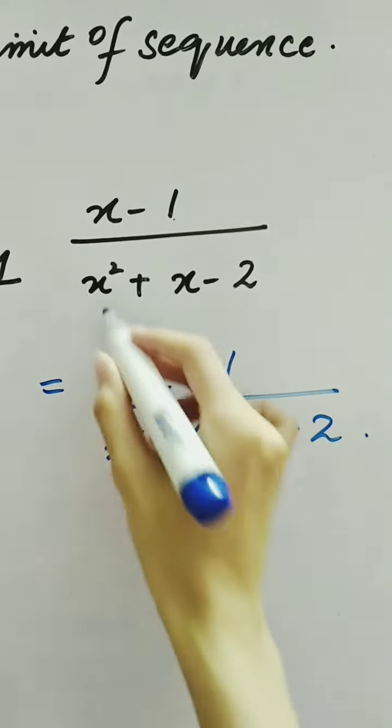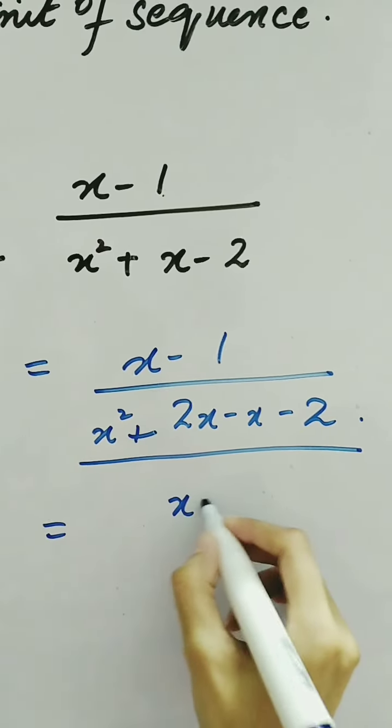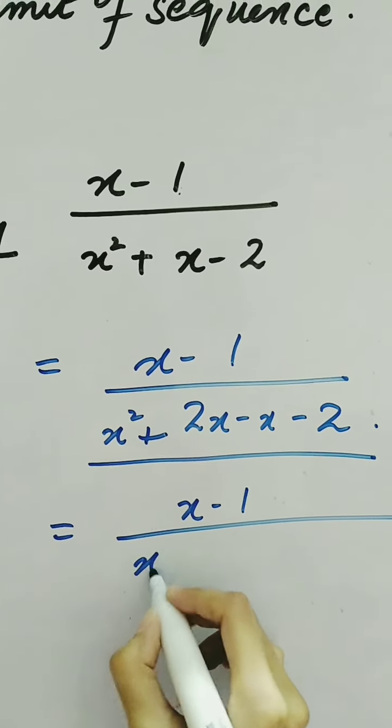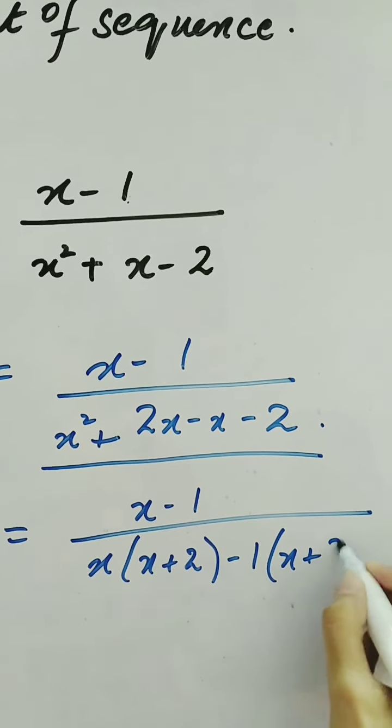Now we can factorize these values. So we have x times x plus 2, minus 1 times x plus 2.